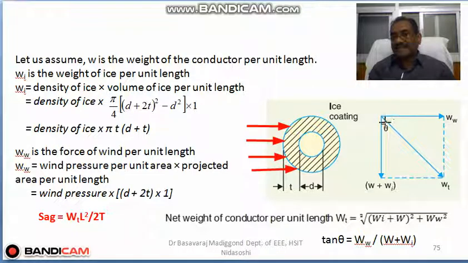It makes an angle theta with the vertical component. So this is the slant sag, and the vertical sag is given by multiplying this sag with cos theta. Therefore, tan theta is given by Ww divided by (W plus Wi).